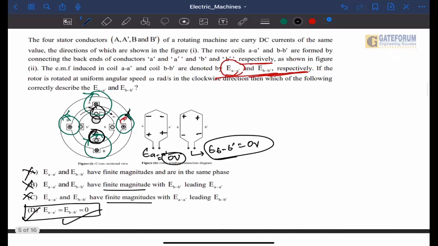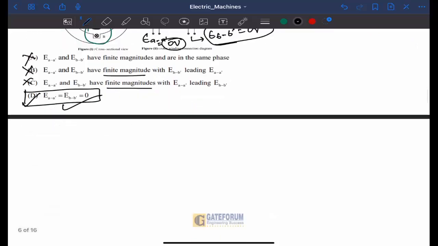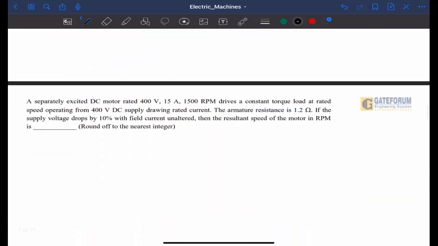Also, if you do not have much idea about the DC motor, then by using the EMF concept of how EMF is induced in one conductor, we can also answer this question. Now we will move towards another problem which was asked in GATE 2023 from electrical machines.